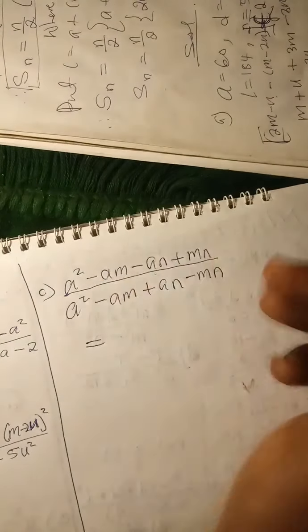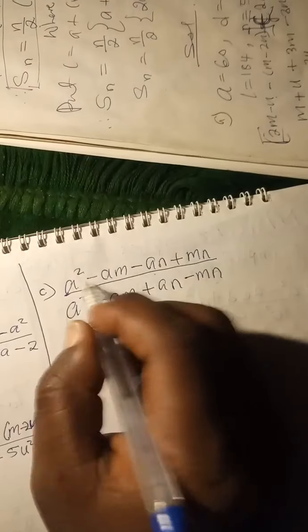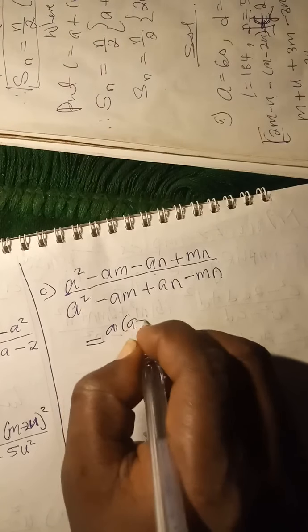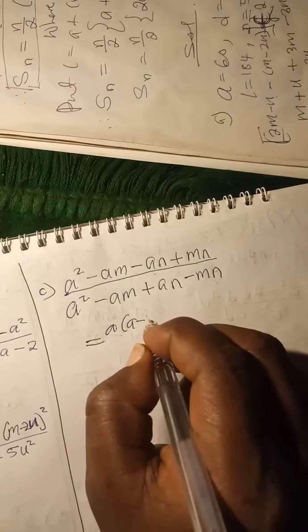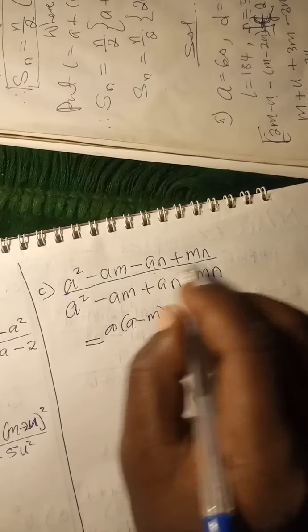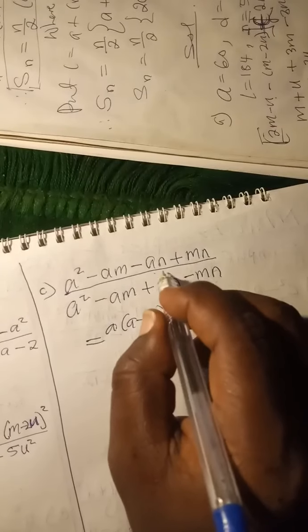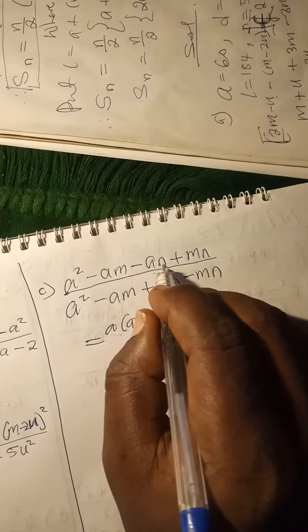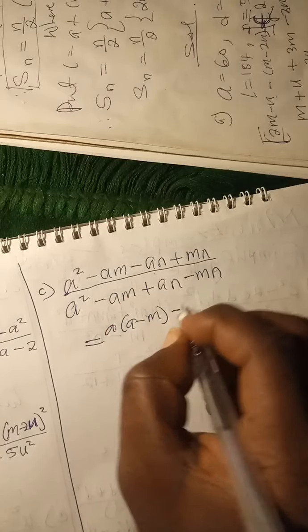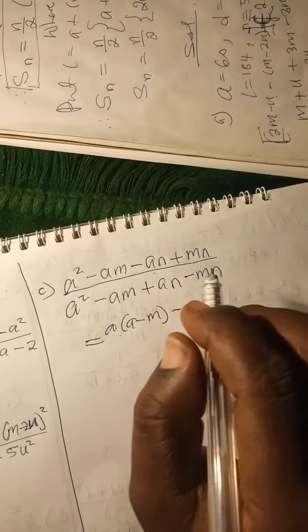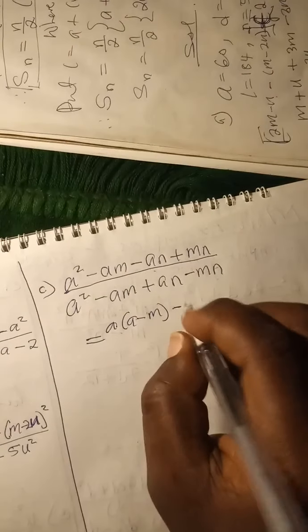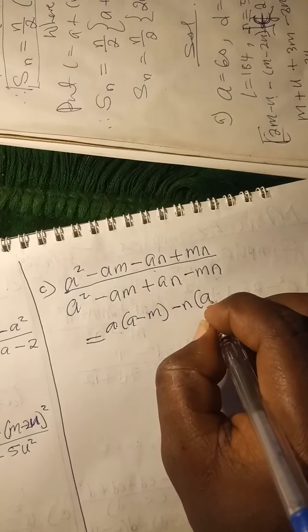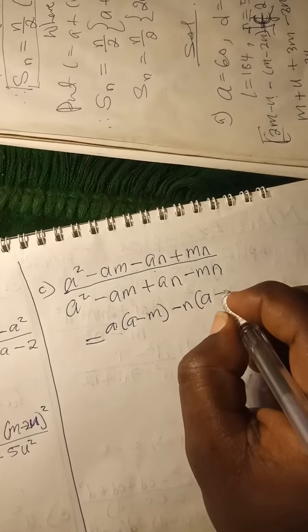This grouping is not bad. I can just factor out straight from here, so I can have a bracket a minus m. Then here I can factor out n. Notice that this term is a negative term, so anything I'm factoring out with the minus, the sign here will change to the opposite sign. Remember that, don't forget. So I'm going to have n factored out, then a left minus m.